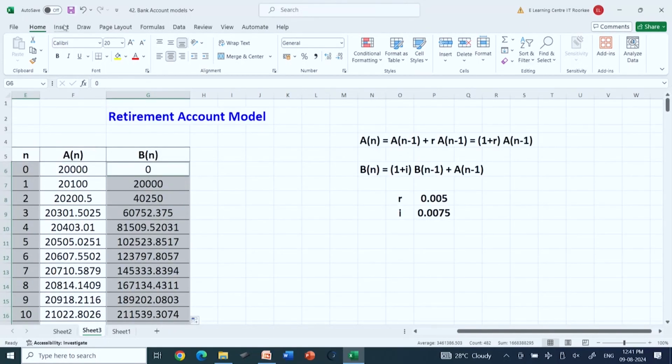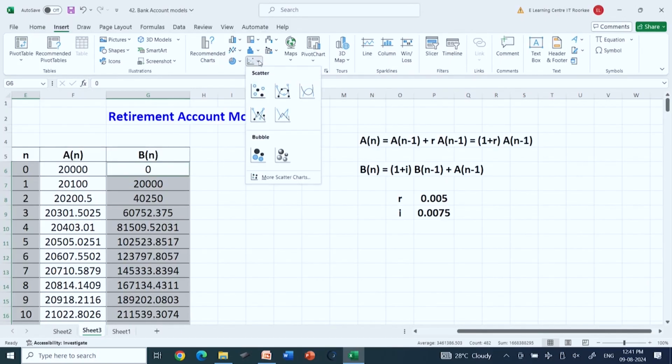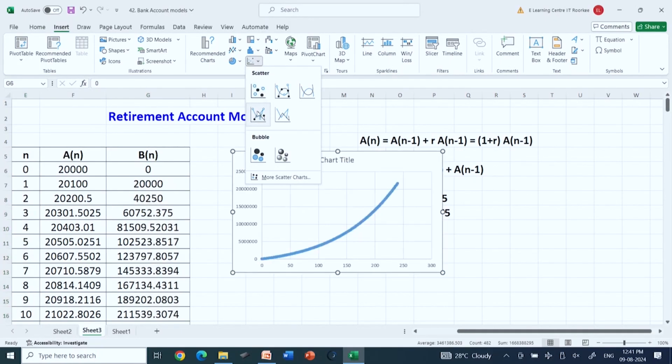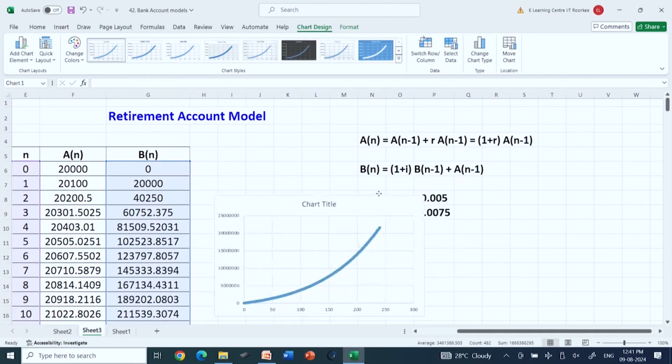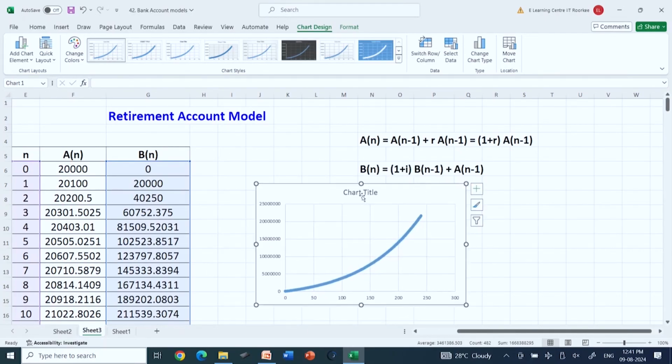I go to Insert, I go to Chart, and I plot this. I can write the title as retirement account model. I remove the grid lines.